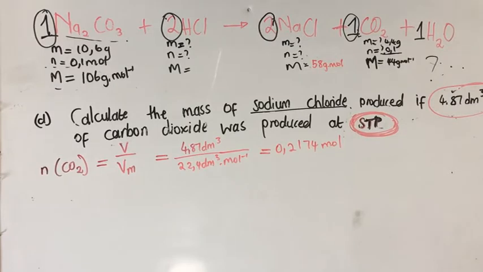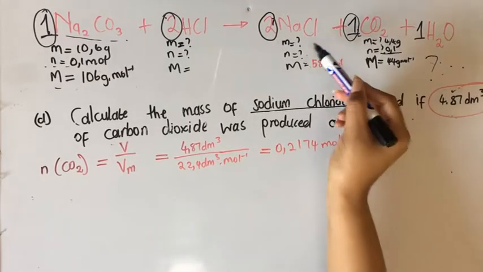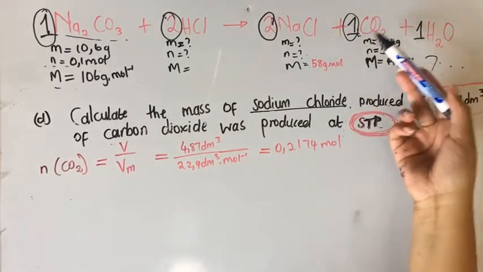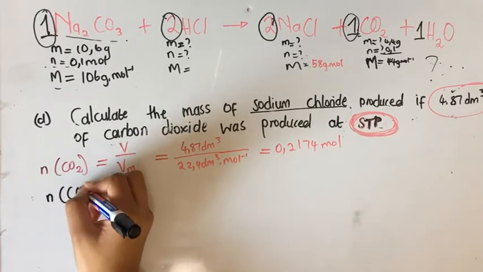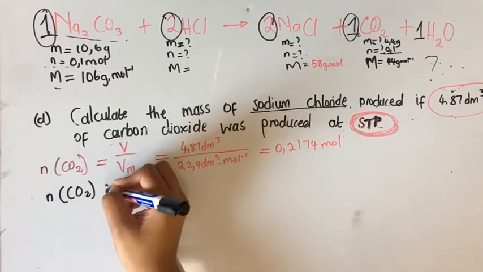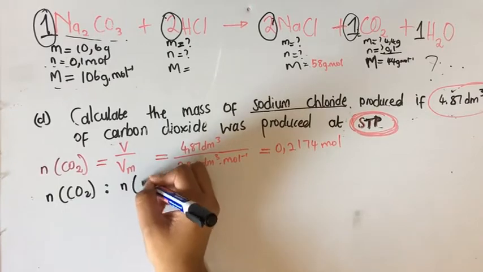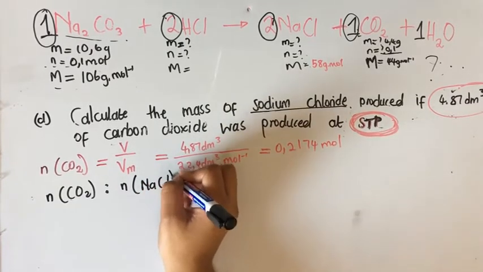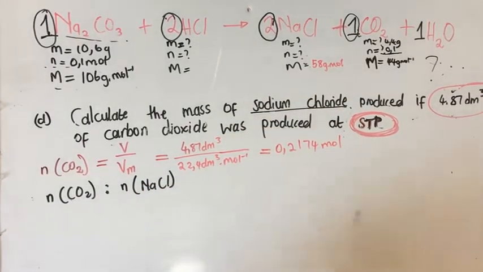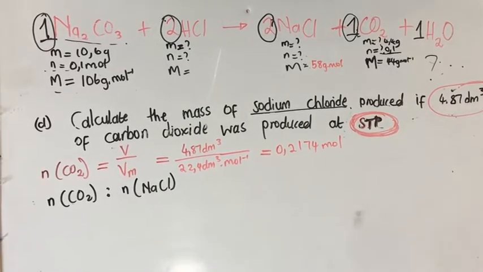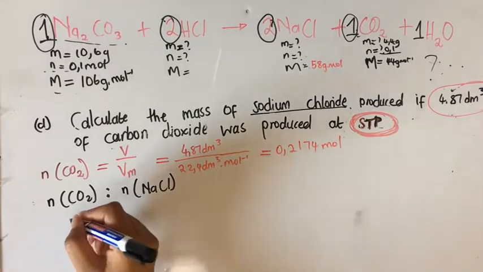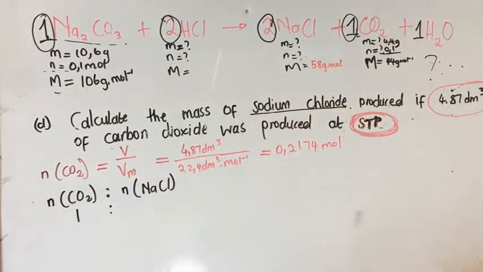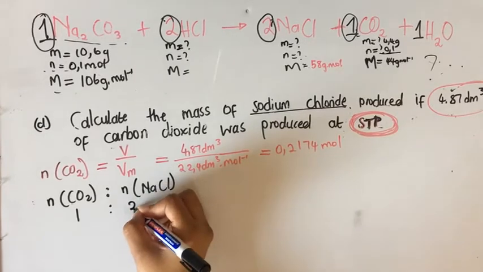Alright, so now what we want is the number of moles of sodium chloride, so we use the ratio with carbon dioxide. Number of moles of carbon dioxide to number of moles of sodium chloride. According to the balanced equation, the number of moles of carbon dioxide is 1, the number of moles of sodium chloride is 2.